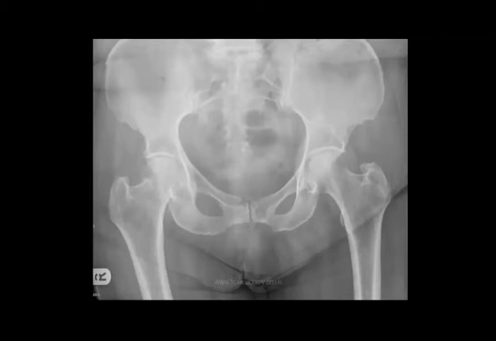Fracture of the right neck of femur. Yeah, neck of femur fracture. You can see what happened with impaction and neck of femur fracture compared to the left side.